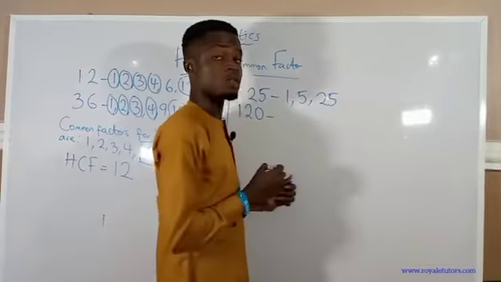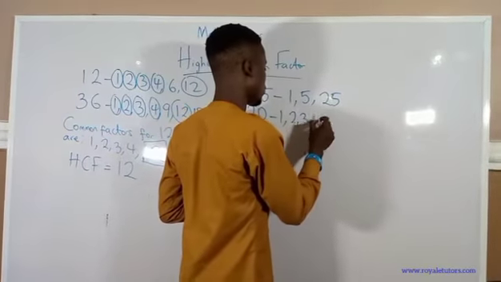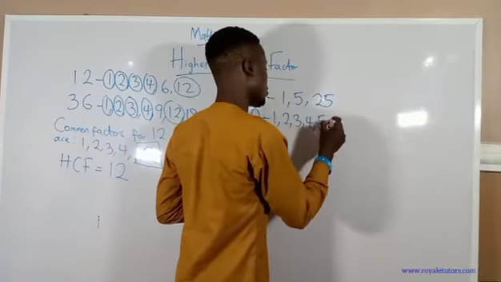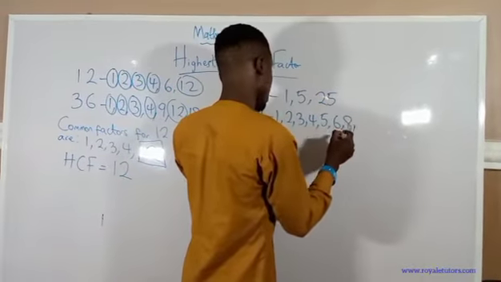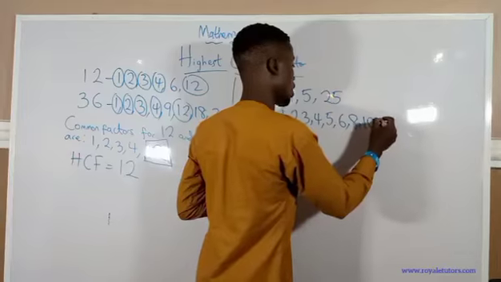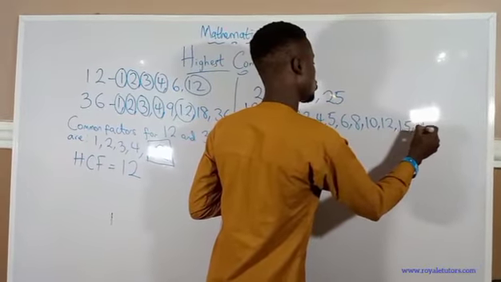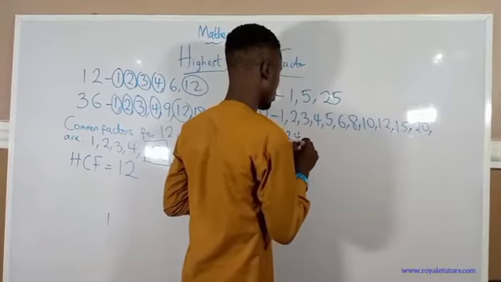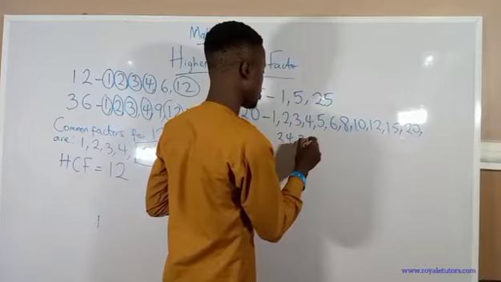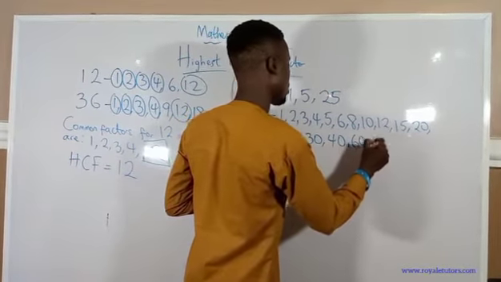Also factors of 120, we have 1, 2, 3, 4, 5, 6, 8, 10, 12, 15, 20, 24, 30, 40, 60, and 120.